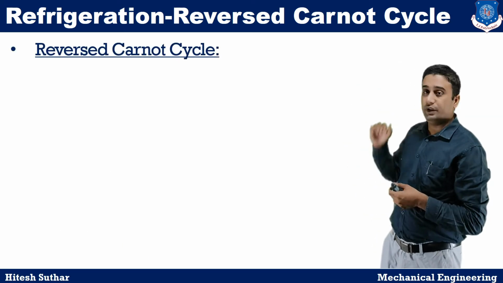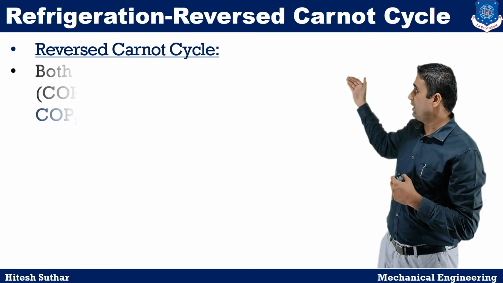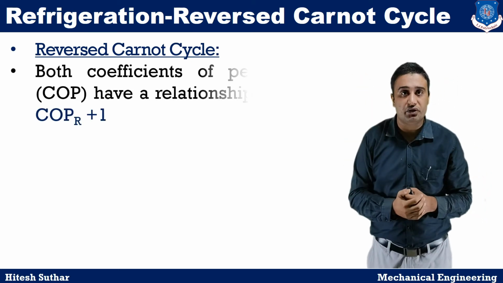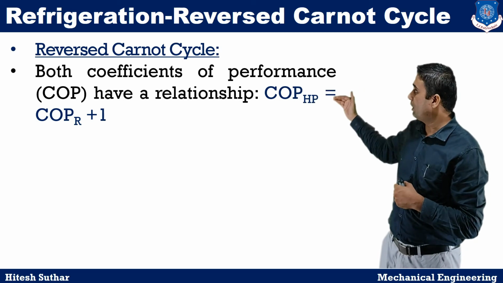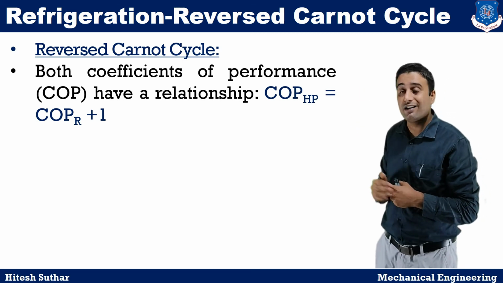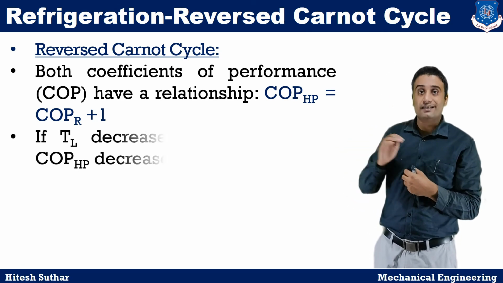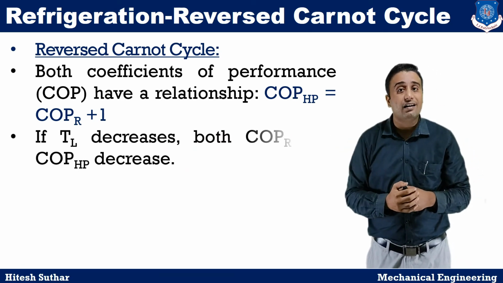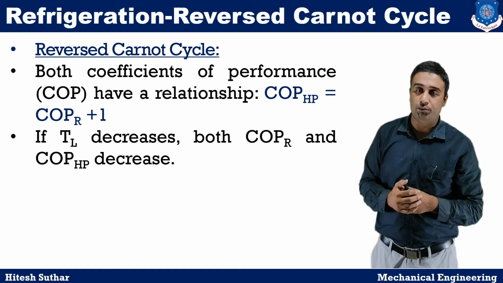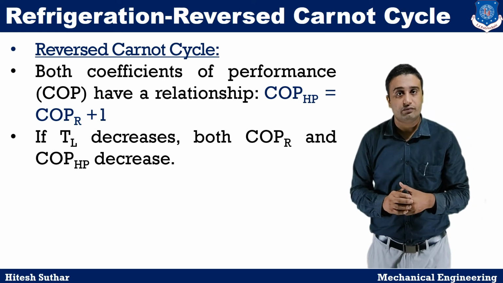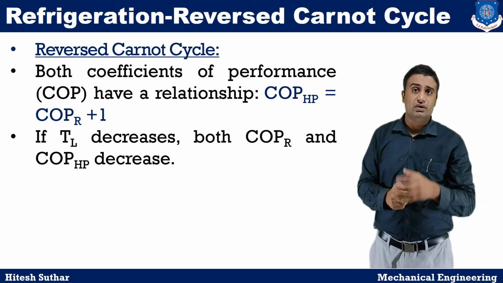For both, we have the relationship that COP of heat pump is equal to COP of refrigerator plus 1. If TL decreases, both the COP of the refrigerator and the COP of the heat pump decrease. This is the basic conclusion we have.